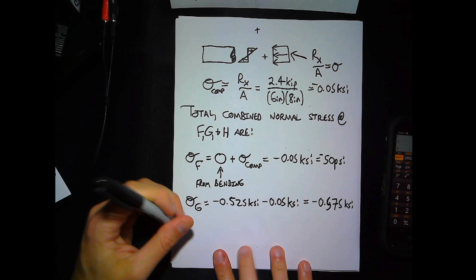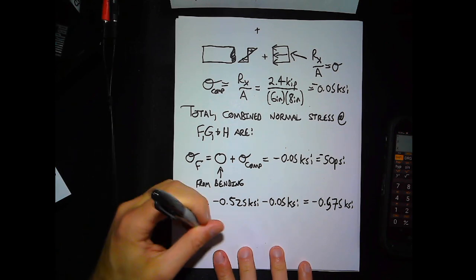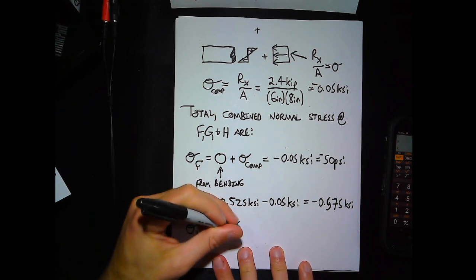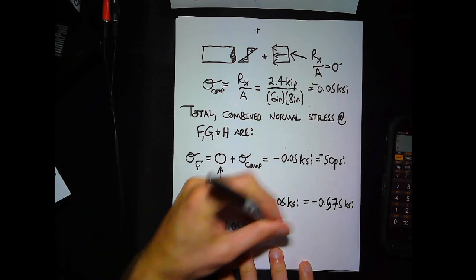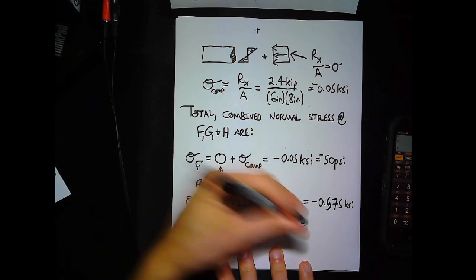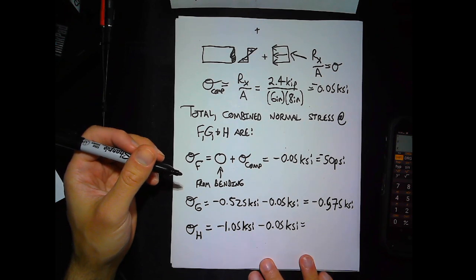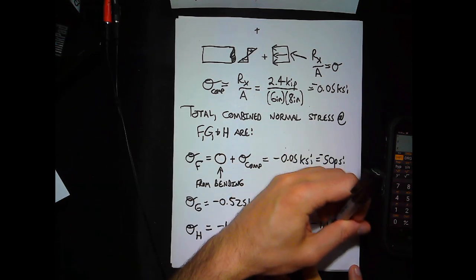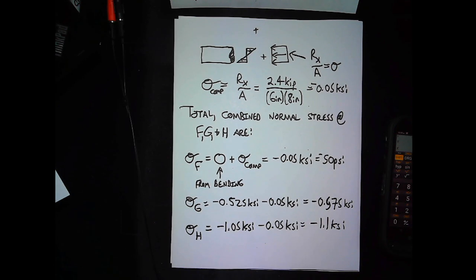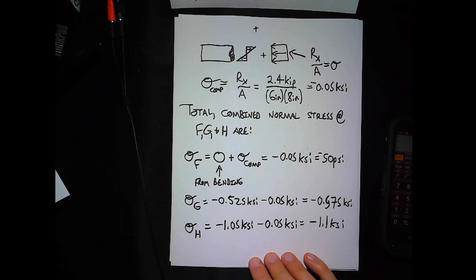And at sigma H, looking at negative 1.05 KSI minus 0.05 KSI. That's negative 1.1 KSI. Cool. All right, so those are our total combined normal stresses in the x direction. So that's part of the answer.